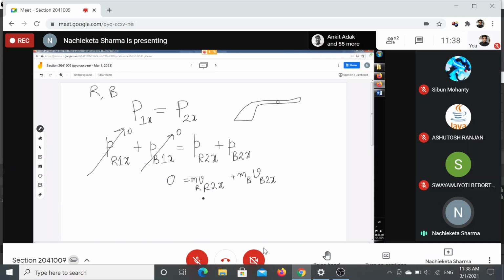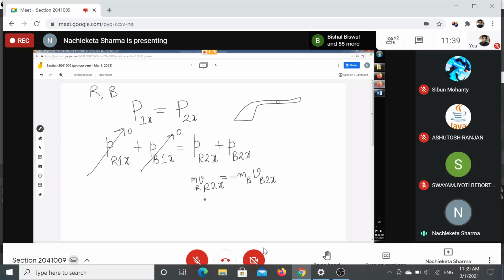Now you can take it to one side because you want to find VR2x. This equals 0, so MR VR2x is equal to minus this much.